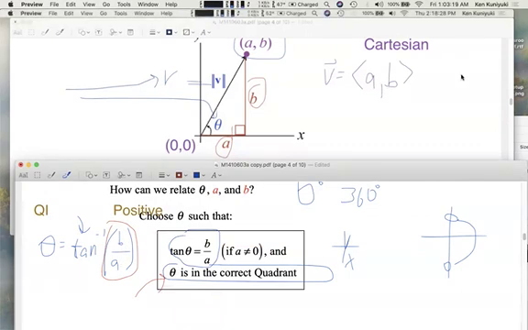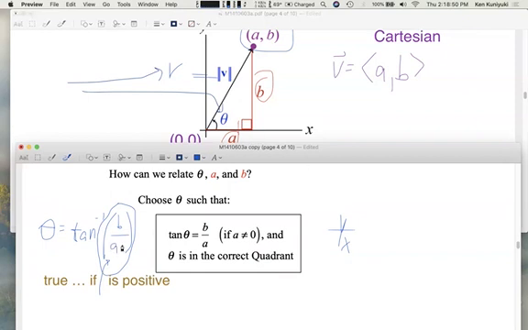But actually, if this thing is negative, then wait, remember the range for inverse tangent is basically, in degree measure, from negative 90 degrees to positive 90 degrees. But wait a minute, we usually want our direction angle to be between 0 degrees and 360 degrees.